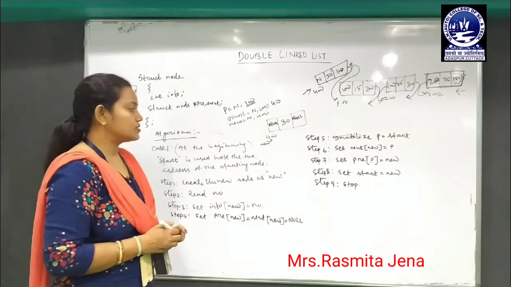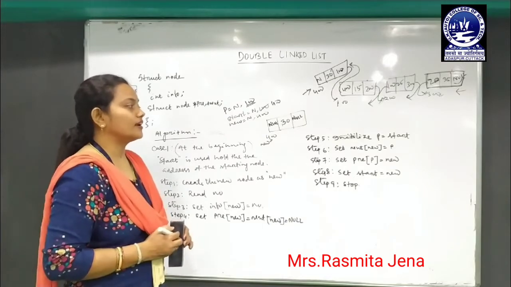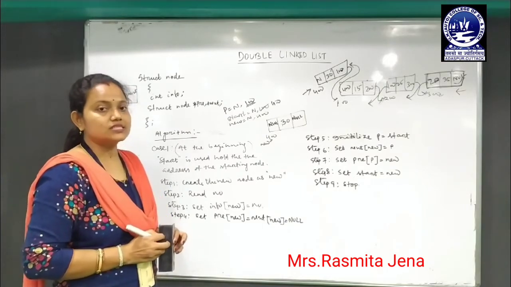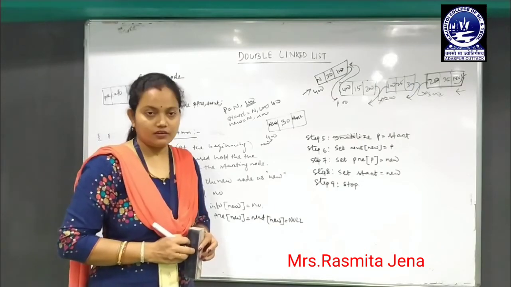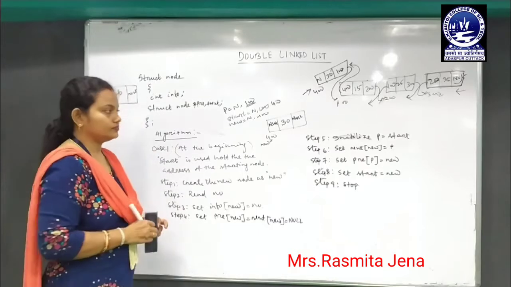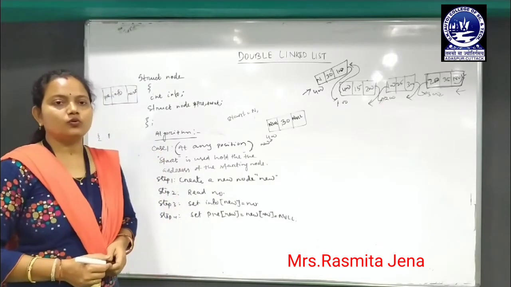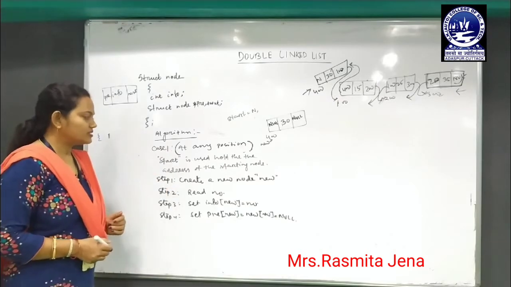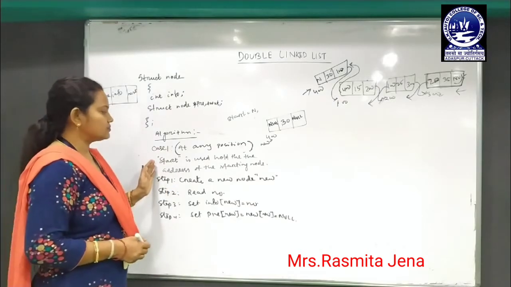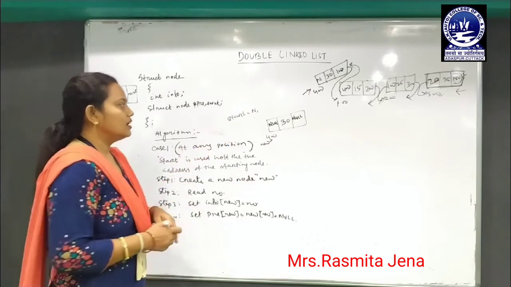So this is about insertion of the node at the first position. Next we will see how to insert the node at any position of the double linked list. As for our beginning insertion, we need the address of the starting node, which is held by the start pointer.